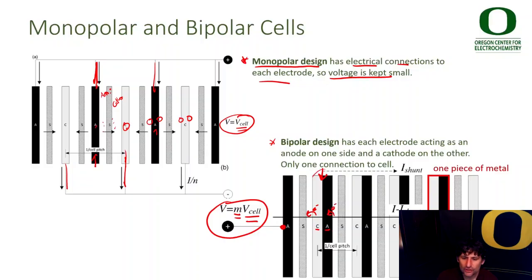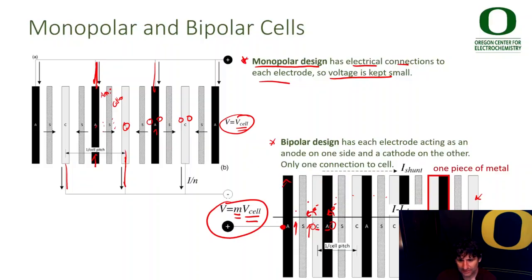So even though there's no wires attached to this bipolar plate in the cell, you're driving a cathodic reaction on one side and an anodic reaction on the other. Because these are all placed in series, we only need to apply current to the two end cathode and anode, and we can drive many of these reactions in series. The flow is still orthogonal in our anolyte and catholyte chambers, which repeat along the length of the cell.